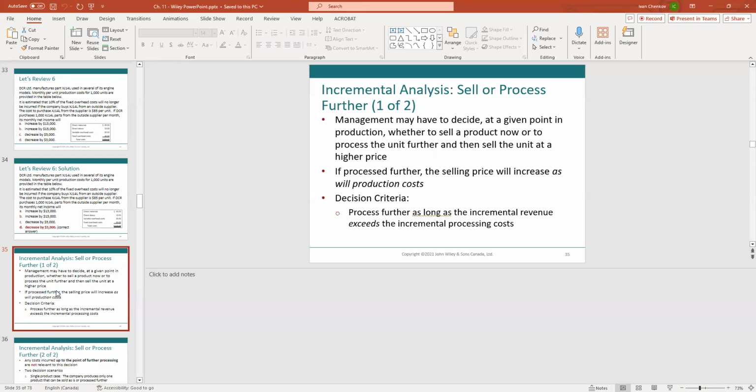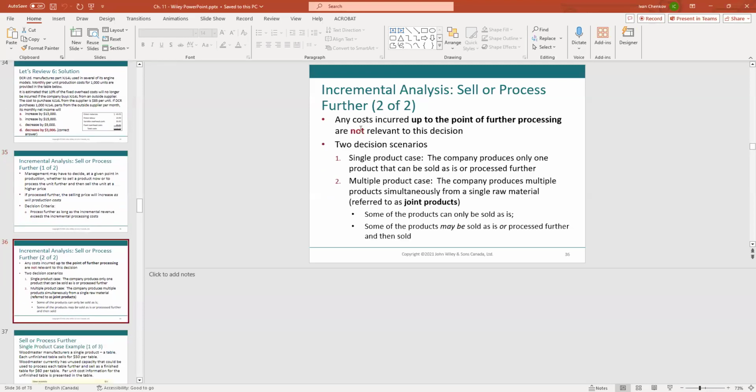Do you understand this logic? As long as the incremental revenue is more than the additional cost, go for it. Any cost incurred up to the point where we decide whether to go for it or not is irrelevant.